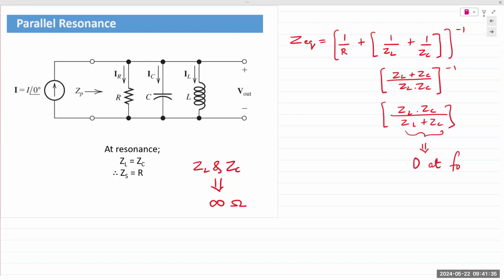But the result is again the same. The only component that is left in the circuit effectively is simply the resistor. And so total ZEQ that is seen by the source is simply the resistor itself. IC and IL would be equal to 0 because nothing would go down that path.